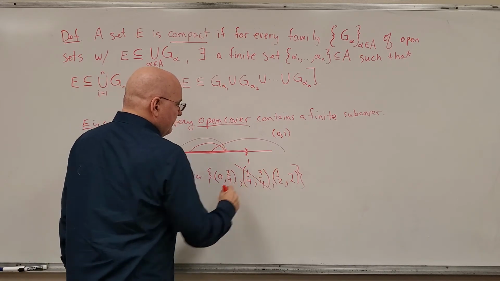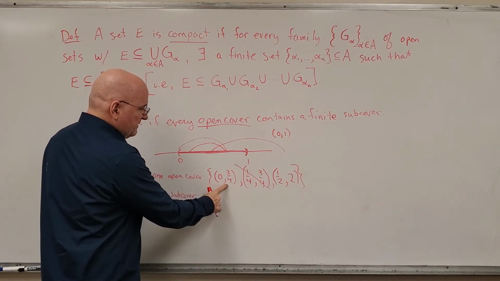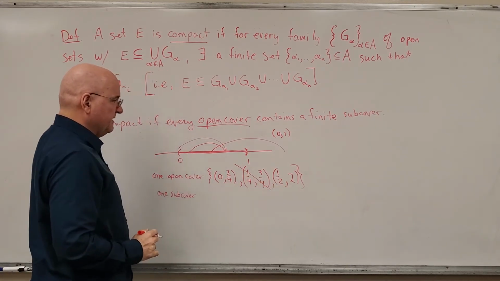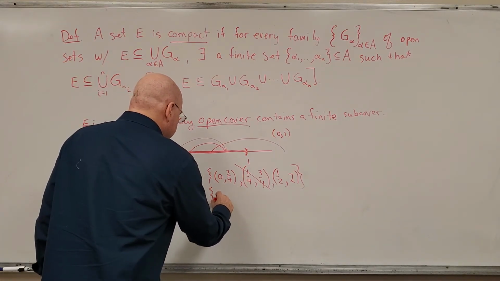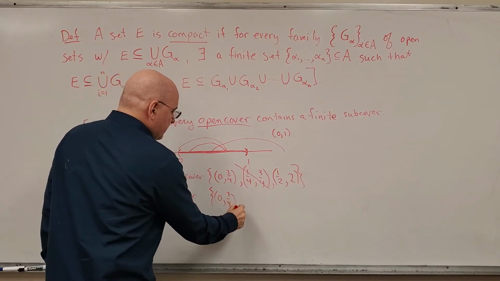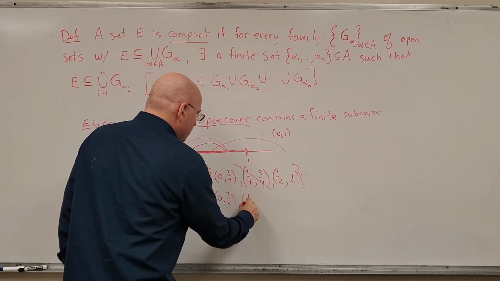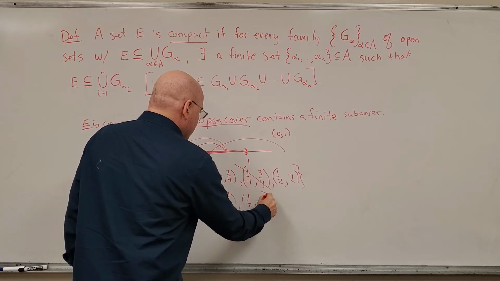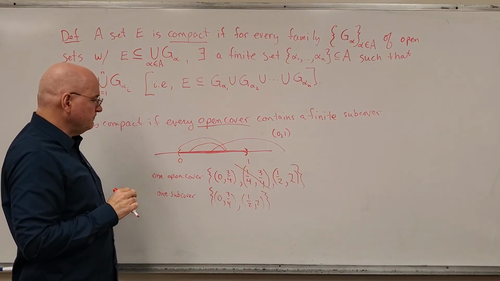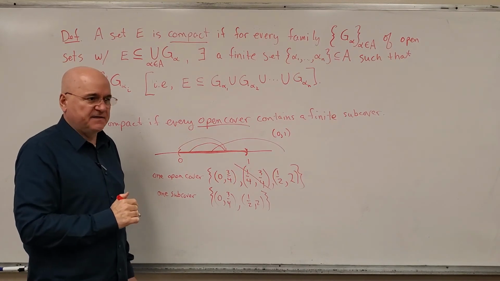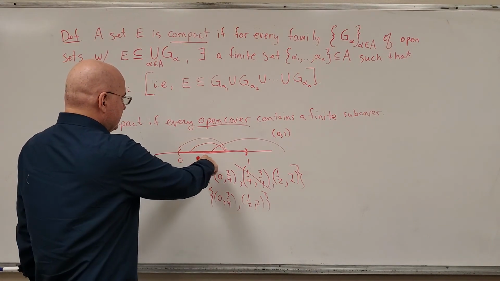Whether I take the union of all three or just take the union of this one and the third one, I'm going to get the interval from 0 to 2. So one subcover would be 0 to 3/4, that first element, and then the third element, 1/2 to 2. So all I've done here is I took a finite cover and I found a smaller finite cover of the set 0 to 1.